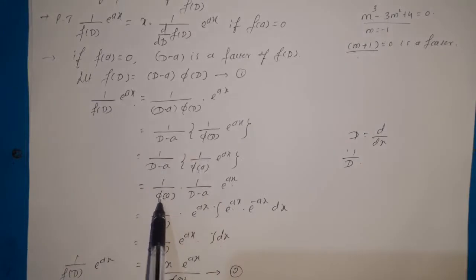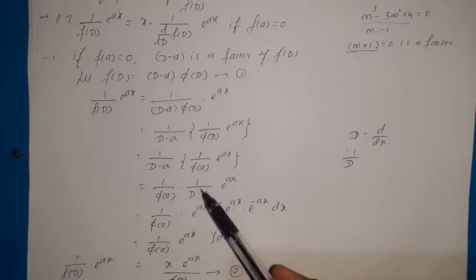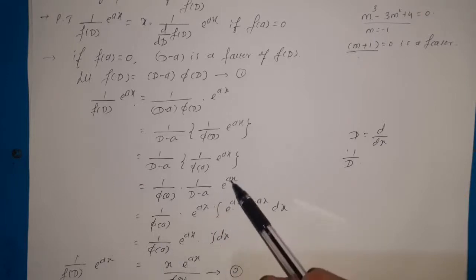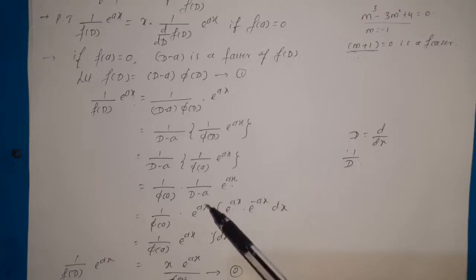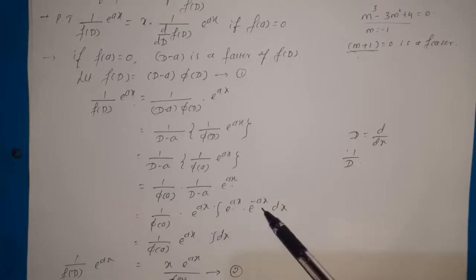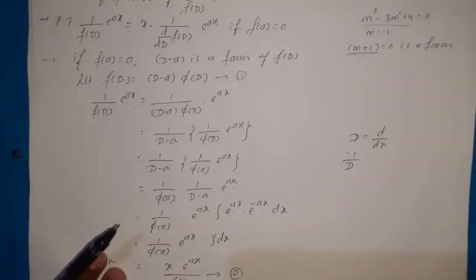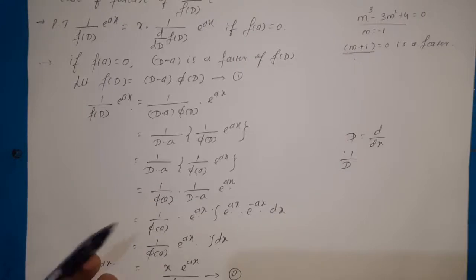Here phi of a is a constant because it is the value of the function at D equal to a, and 1 by D minus a is the inverse operator. Then multiplying and dividing by the term e power ax, that becomes e power ax into integration of e power x into e power minus ax dx, and its integration is equal to x. So it is x into e power ax divided by phi of a.